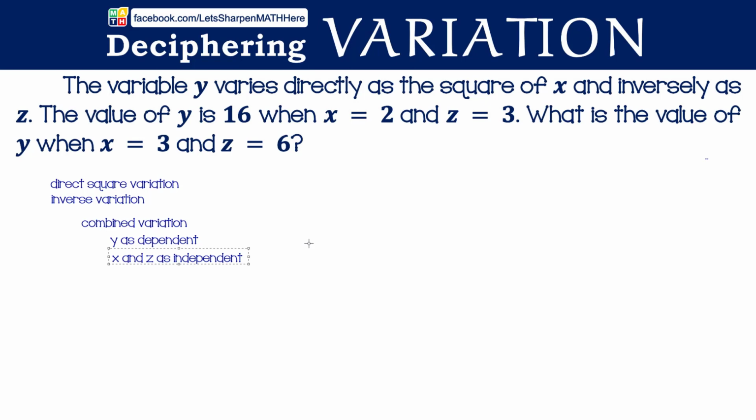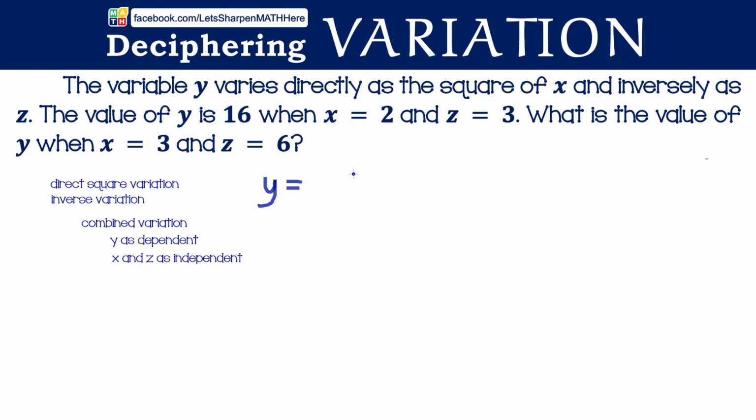In continuation, that would mean x and z are your independent variables. Again, unlike direct square, inverse, and even joint, there is no specific formula here, but we can actually draw it out from the statement. It states here that y varies directly.